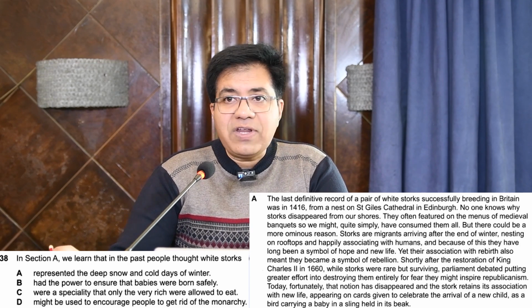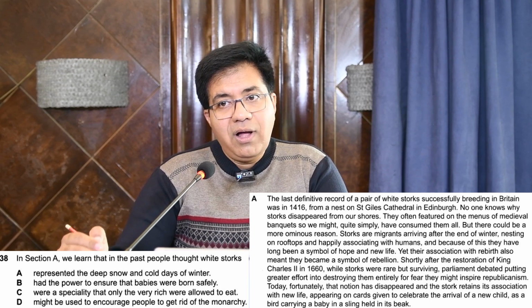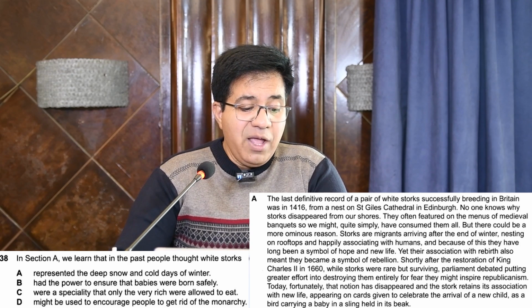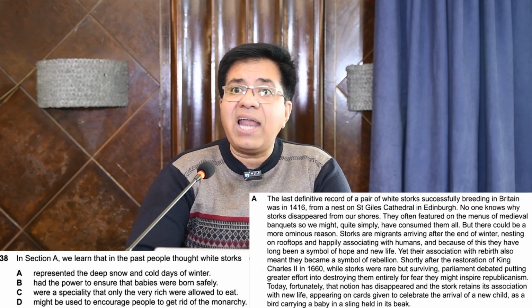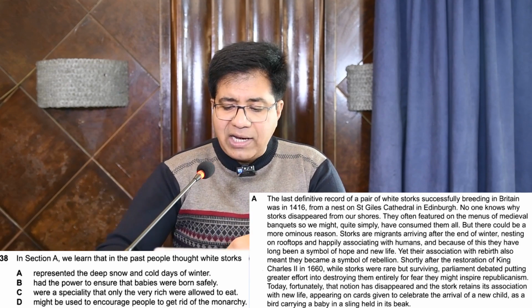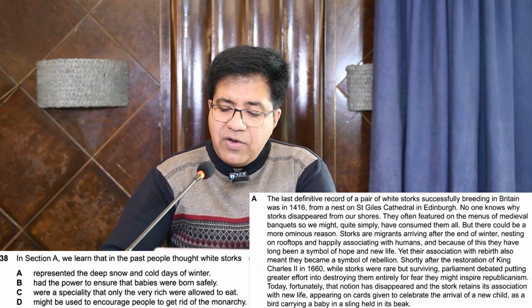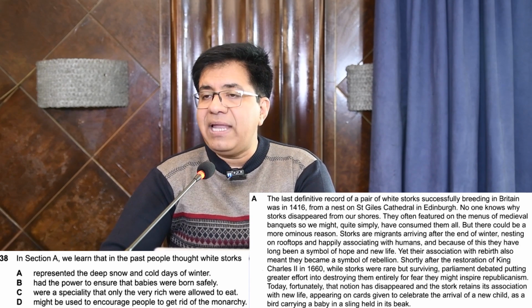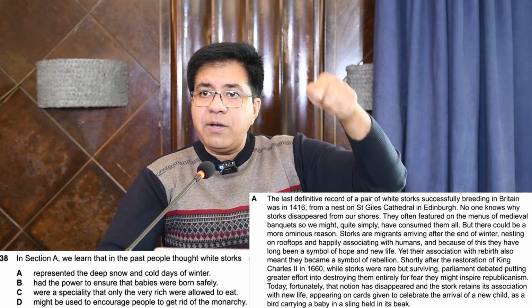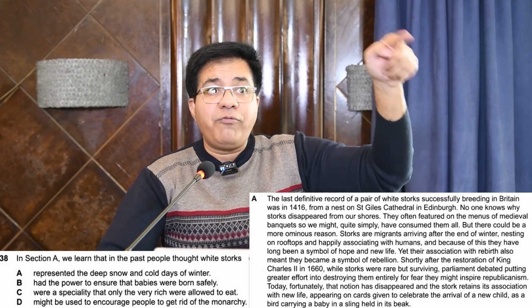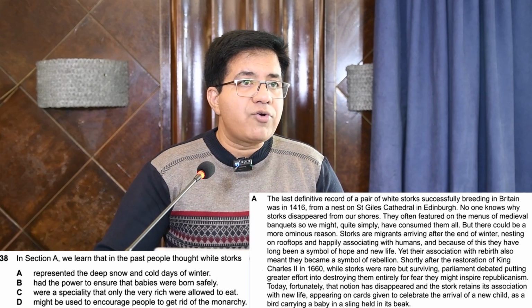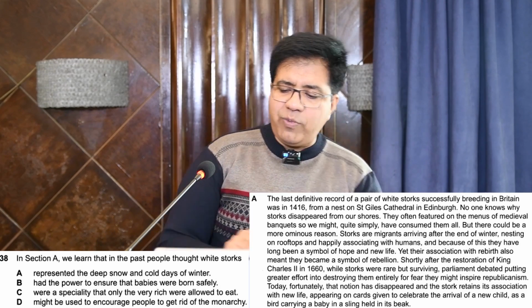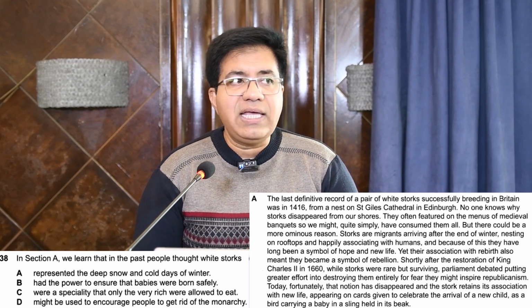No. When three options are wrong and you are sure, obviously the fourth one is right. D, might be used to encourage people to get rid of monarchy. Get rid of monarchy, and for that they use the word republicanism. For fear they might inspire republicanism. So if they inspire republicanism, it means they will get rid of monarchy. Monarchy means kings and they are controlling the whole country and all that. Okay. So question number 38. Answer is D.